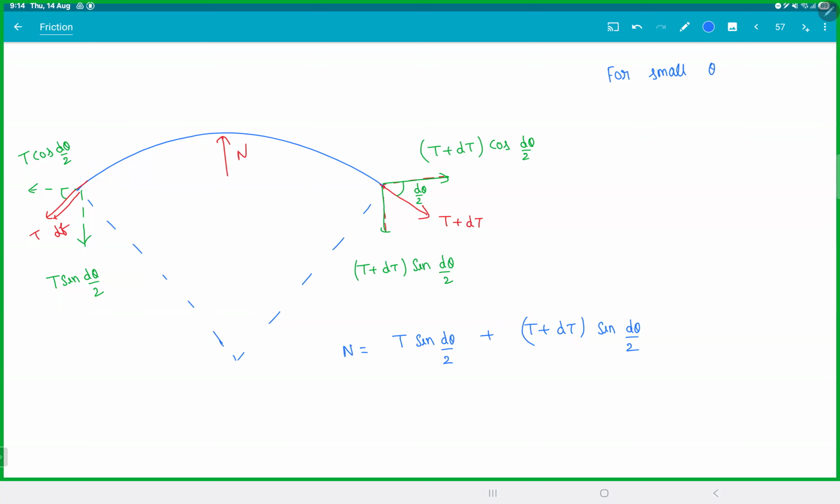For small theta, sin theta is approximately equal to theta. That is one approximation you need. Example, if I say sin 2 degrees, don't write 2, convert into radians. So this will be sin of 2 pi by 180 radians, which is approximately pi by 90. Sin 2 is not 2.